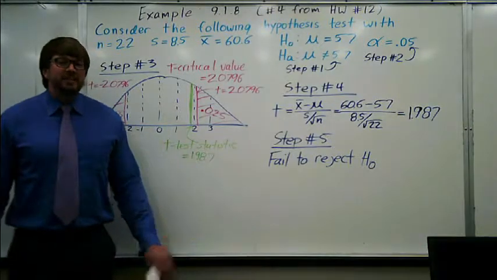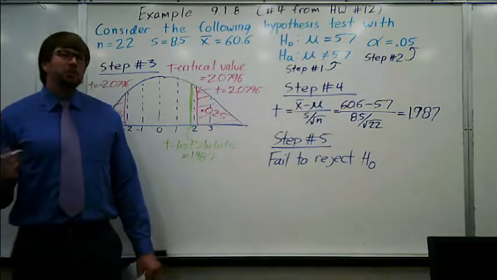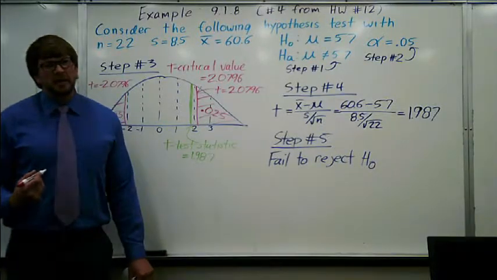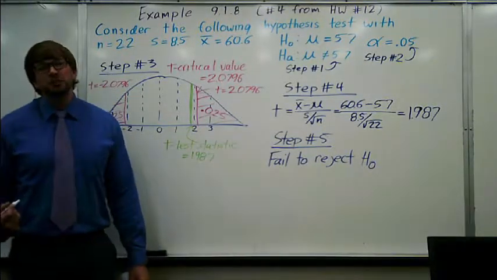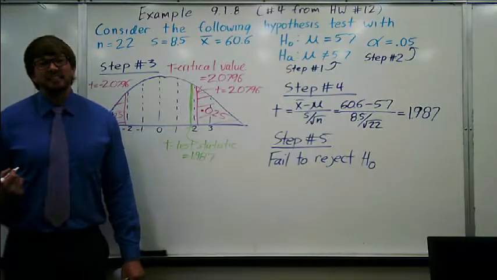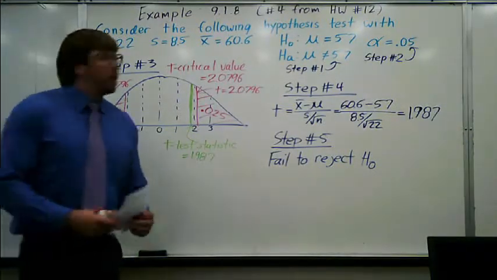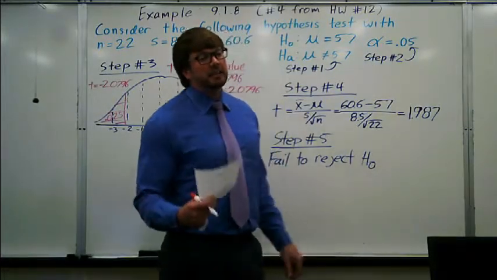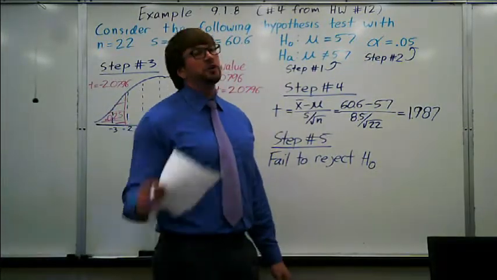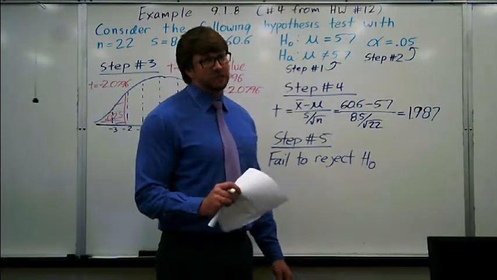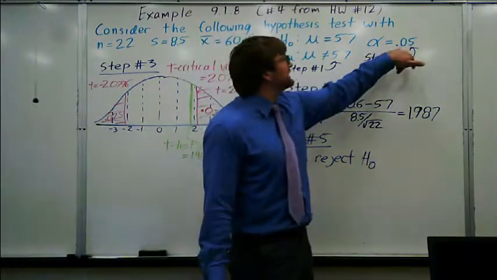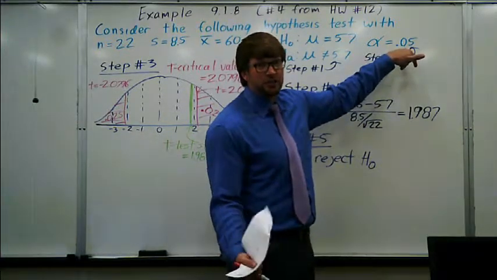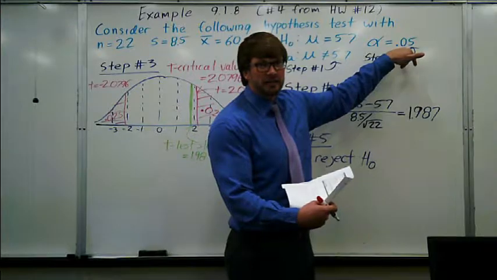Alright, actually on second thought, I decided I wanted to talk just a little bit more about this problem, and about the significance level, to make sure you're understanding things. So the significance level right here, 0.05, is basically the probability that you're going to make the incorrect decision. So a significance level of 0.05 correlates with being 95% sure that your decision is correct.